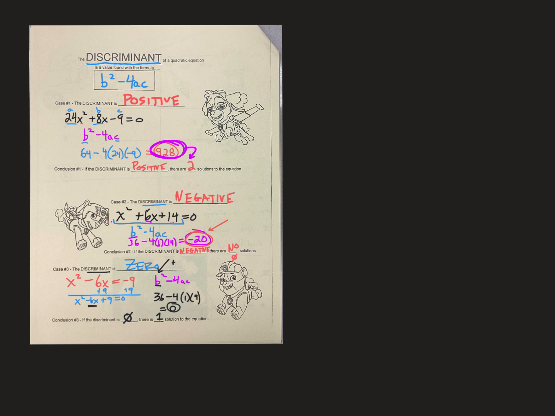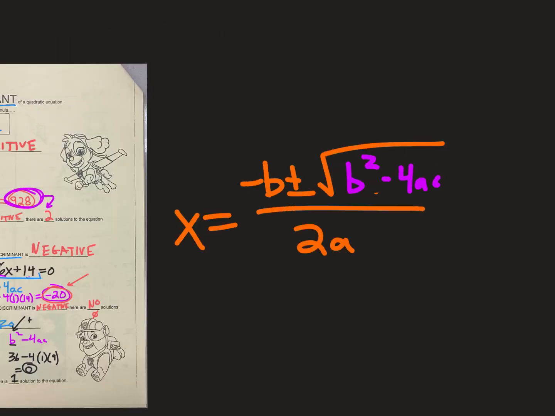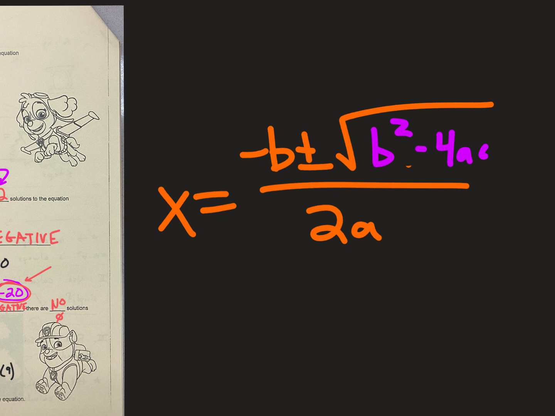Let me explain why real quick. You remember the quadratic formula. And you remember what went under that square root symbol. It was the b squared minus 4ac. Okay, so think about that. The discriminant is right there.